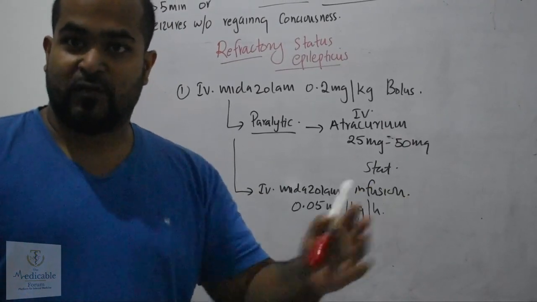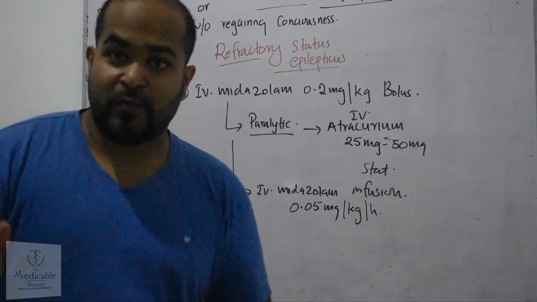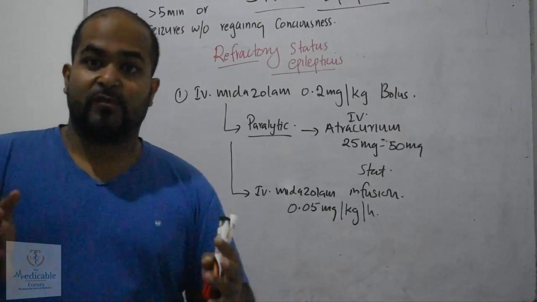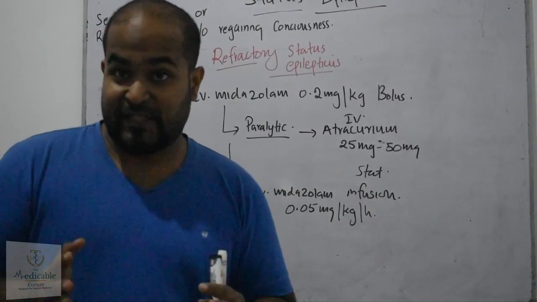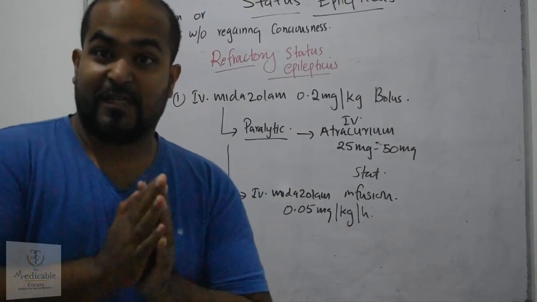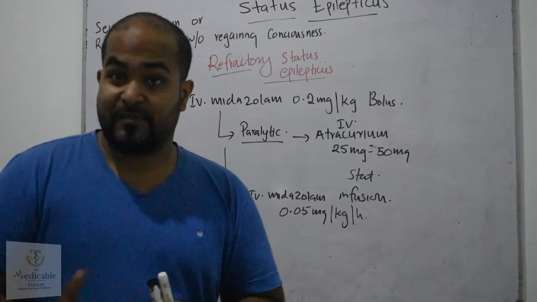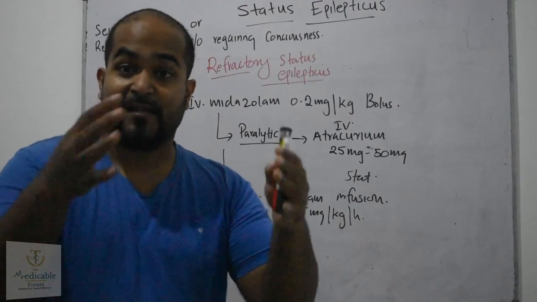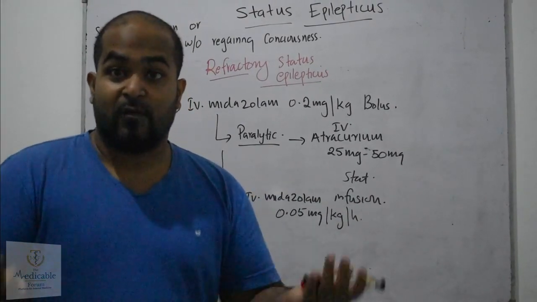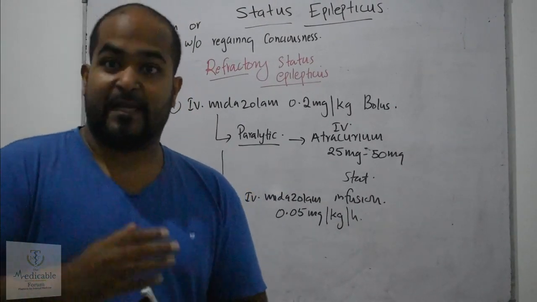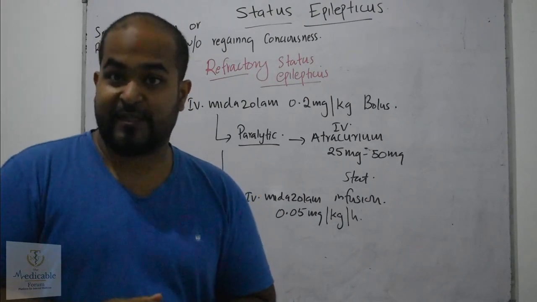So this infusion should go on and he should be sent to the ICU, and at the ICU you need to arrange an urgent EEG to see if the seizures are settled or what type of seizures, or is it a non-convulsive status epilepticus. So he can still be in status without any convulsion. So it needs specialist intervention.